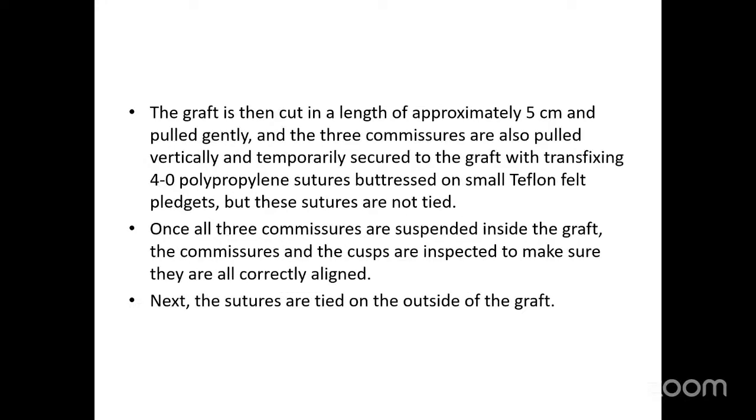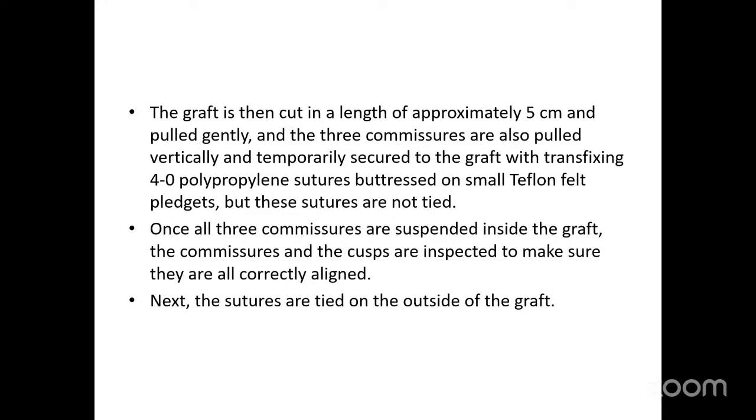The graft is then cut to a length of approximately 5 centimeters and pulled gently, and the three commissures are also pulled vertically and temporarily secured to the graft with transfixing polypropylene sutures buttressed on small Teflon felt pledgets.